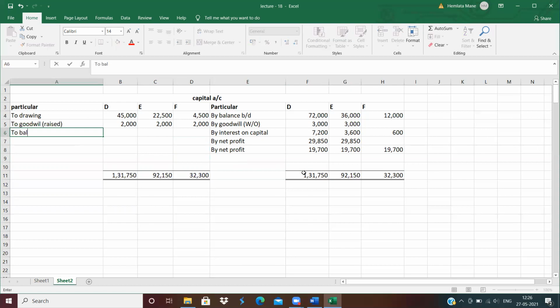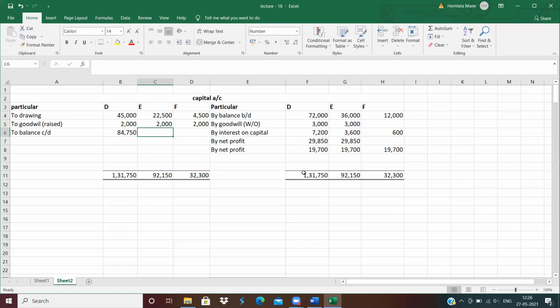To balance carried down. 1,31,750 minus debit amount, 45,000 minus 2,000. How much? 84,750.